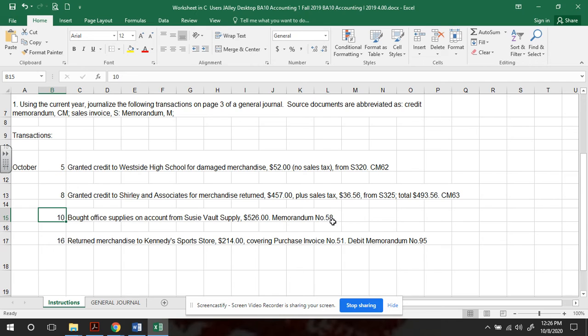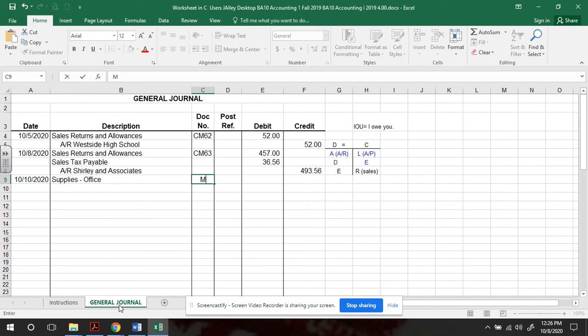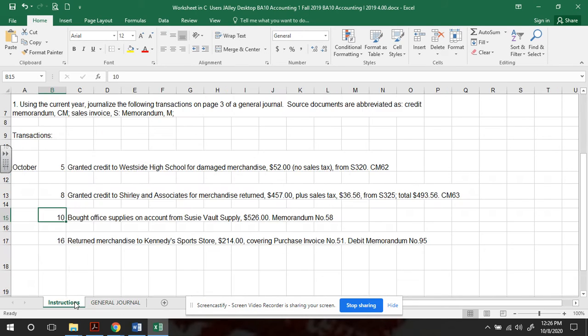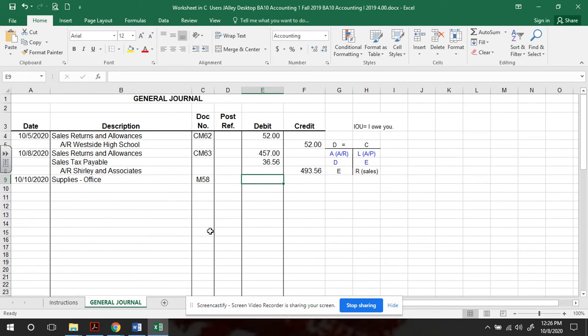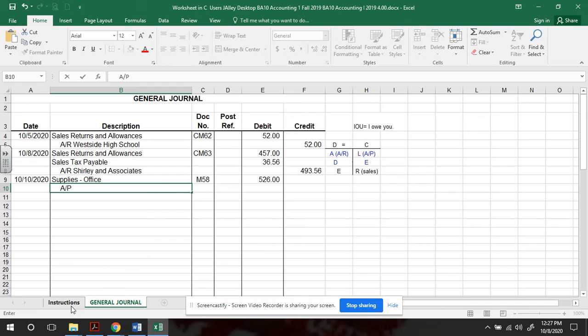This is Memo 58. Memo 58, because you have to keep records of who you owe money to so you can pay it off and stay in good standings with them. The dollar amount, $526. Now this is an accounts payable because we bought it and we told them we will pay you later.